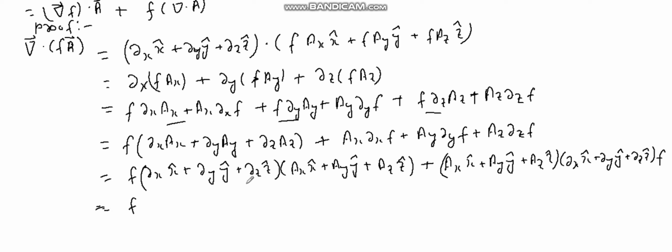So this is actually the del operator, and this is the vector, right? And what is this? This is the a vector dotted with del f.